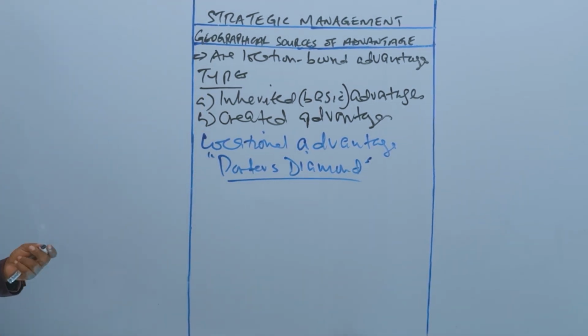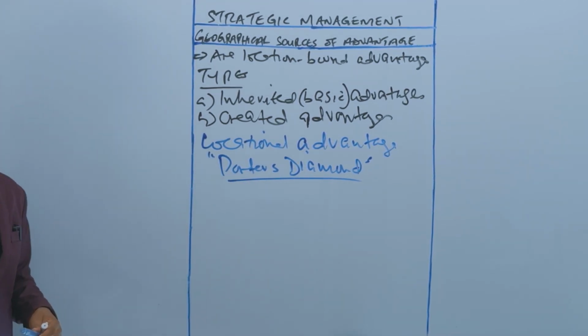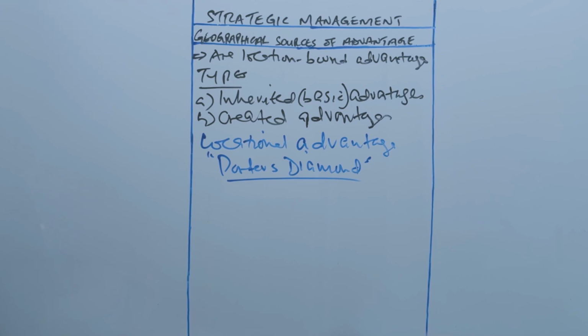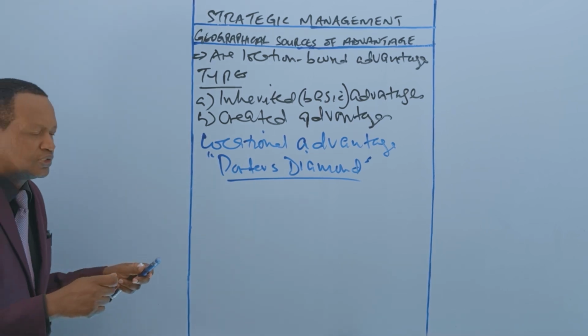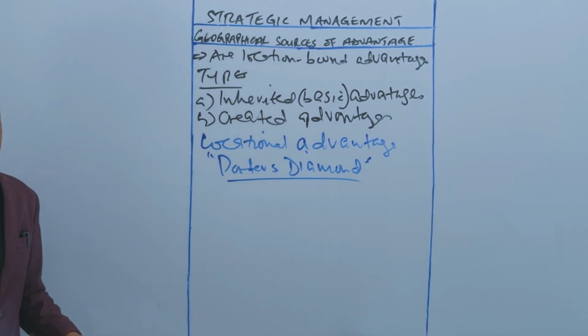What does it entail? Now, to understand why a specific location provides an advantage, we use Michael Porter's diamond model, because this model explains how the local environment pressures firms to become world class just by operating in a certain environment.